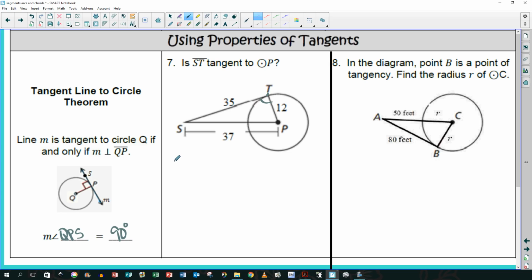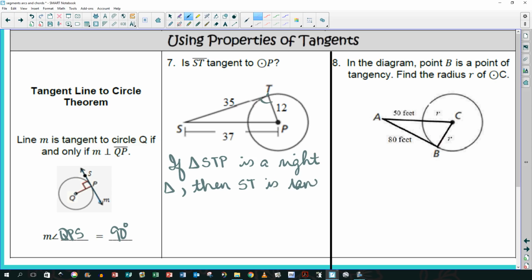So I would say if triangle STP is a right triangle, comma, then, so write your conditional statement, then ST is tangent.